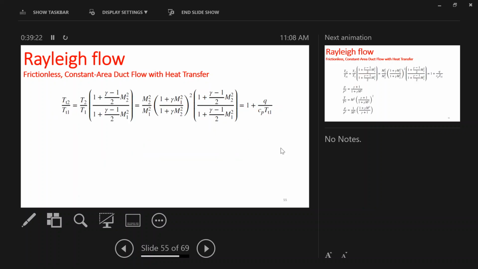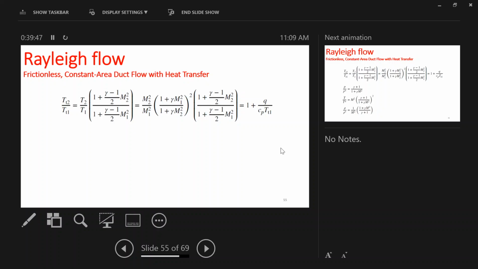So we have to, not we can, we have to, because we have the heat transfer, relate the total temperature change, or total temperature ratio, between the inlet and the outlet to the heat input, right? We already know the relationship between the total temperature and the regular temperature.